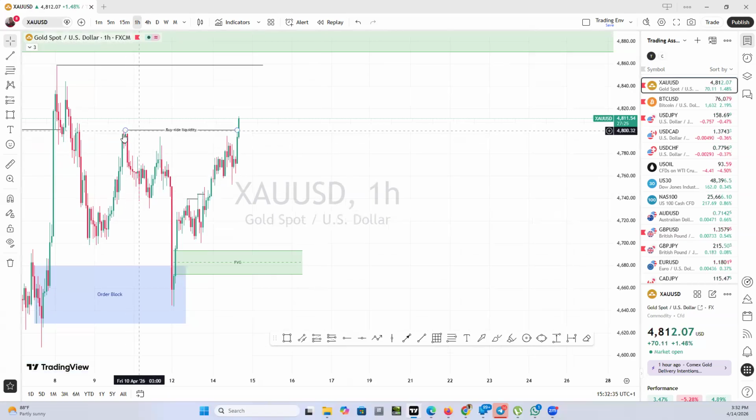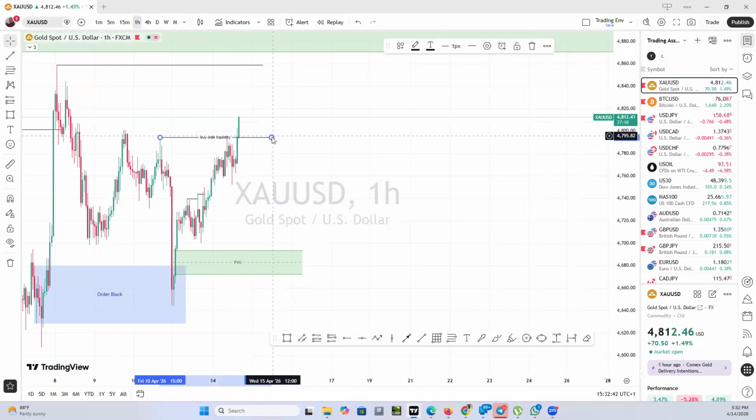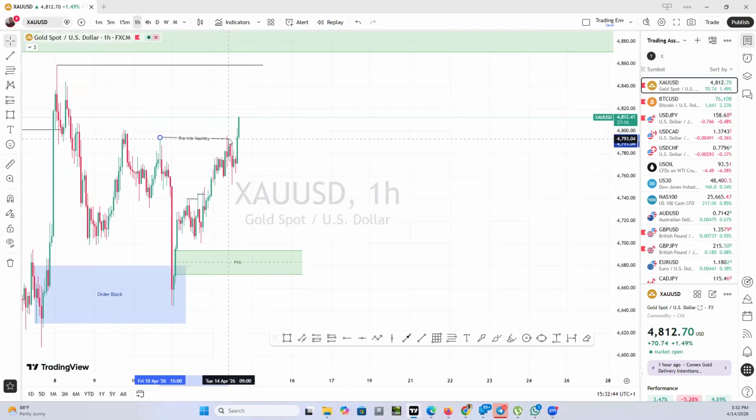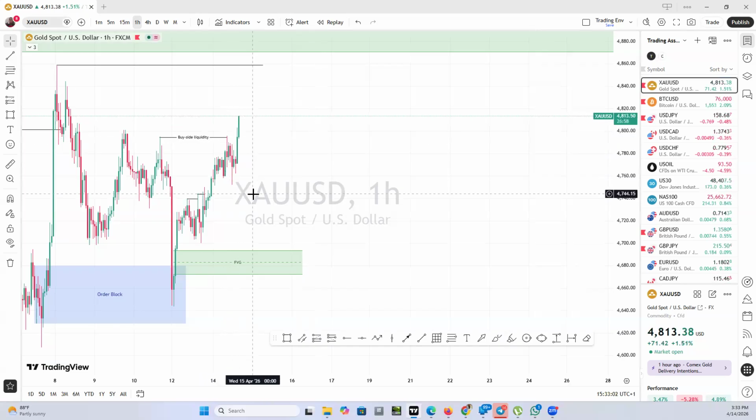When they saw the market around here, they assumed the market had already cleared this buy side liquidity, so let's position for a sell to catch the retracement. But I'm not really comfortable with catching this retracement. So I allow them to catch their own retracement, but me, I feel like let me just wait for a buy here.